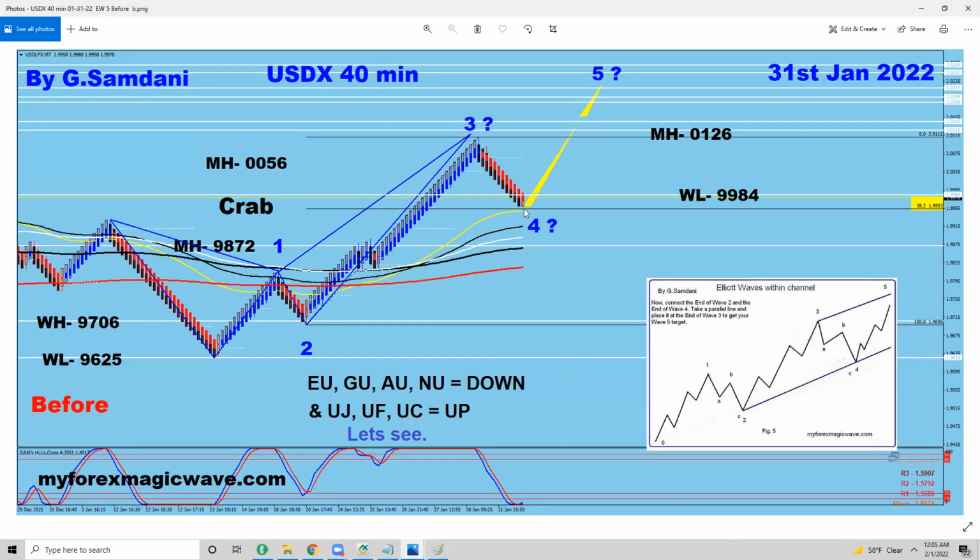So if I'm right, if that is going to happen, then I will take entries in this direction, long in these 4 pairs, or some of them, because not always all the pairs will give you the entry, because it depends on the other currency as well.